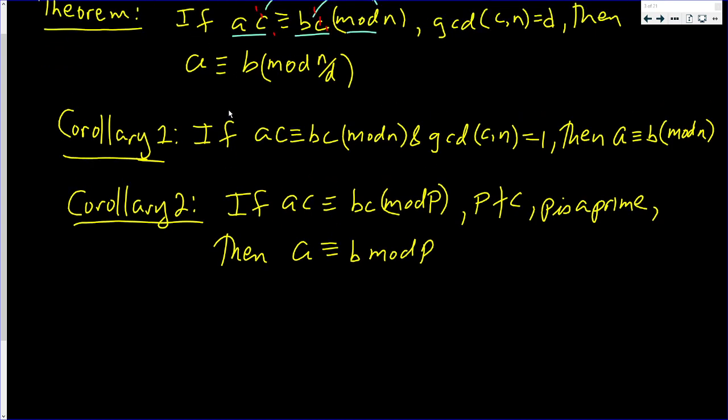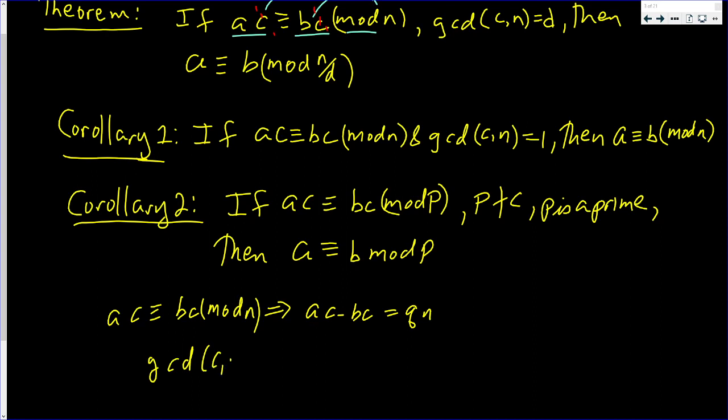So we have that AC is congruent to BC mod n. That implies that AC minus BC is equal to a multiple of n. Now, the GCD of C and n is equal to D. Well, that implies that D divides C and D divides n.